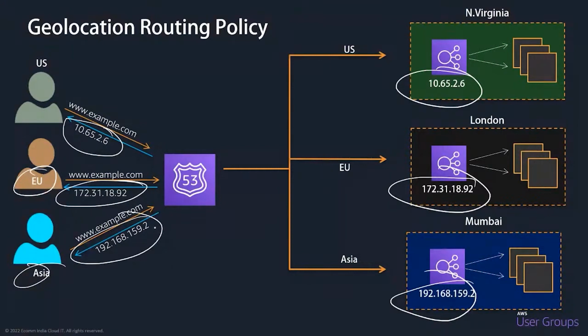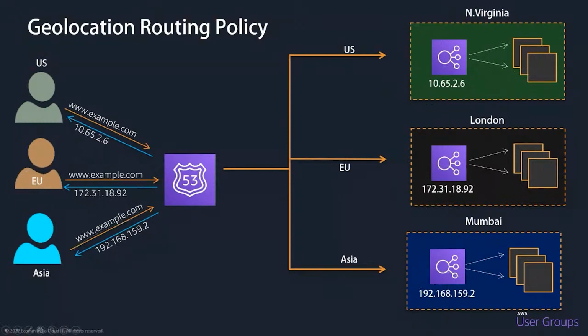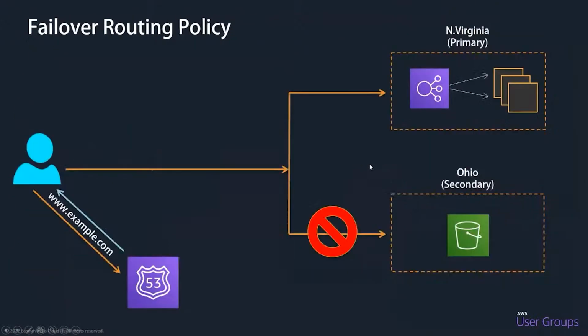This way, I'm controlling from which region people are coming and which region I need to redirect them to. This way, I can have different content in each of these environments that are specifically suited for that particular country or region, so that they see only that content. This is essentially what geolocation routing is, and I'll definitely show you this in action.